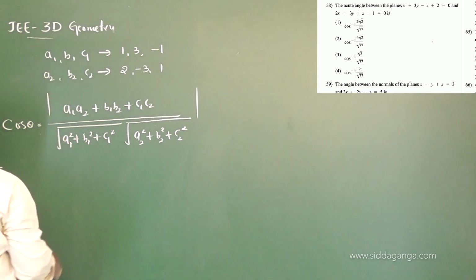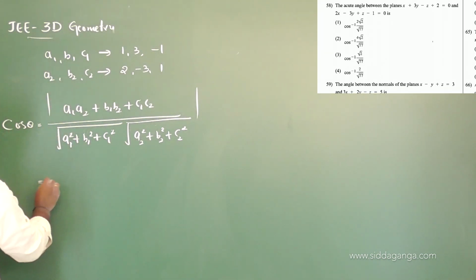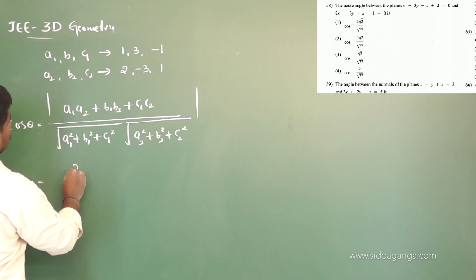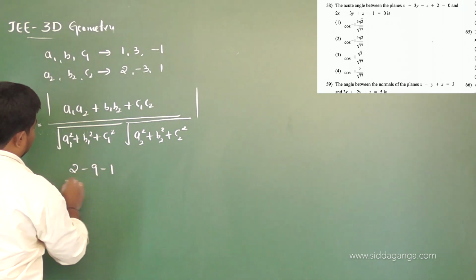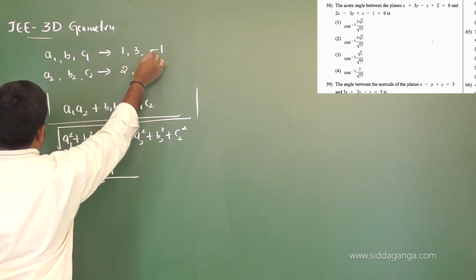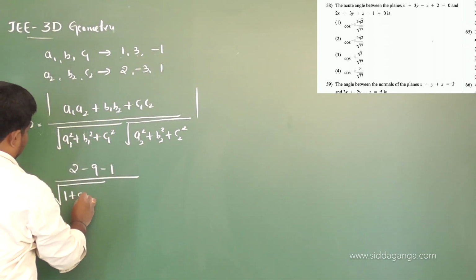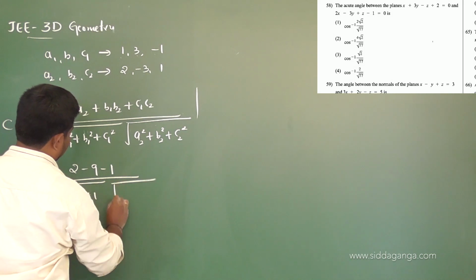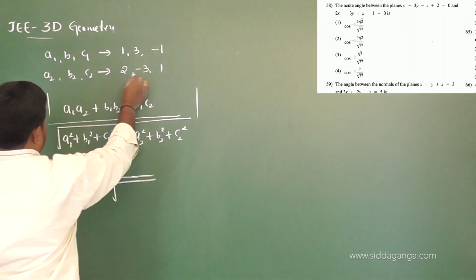This is your formula to find the angle between the two planes. So the numerator is 2 minus 9 minus 1, whole divided by root of 1 square plus 3 square plus 1 square into root of 2 square plus 3 square plus 1 square.